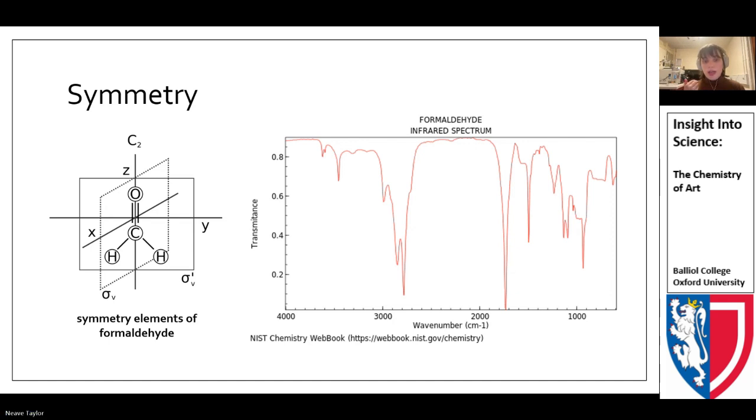So the selection rules, once you learn a bit about them, which if you come and do undergraduate you'll do all the maths for, basically tell us that that will only happen when the molecular symmetry is such that changes in those bond lengths and angles will change the dipole moment of that molecule. On the right-hand side here, these dips are where the infrared radiation is actually able to do that, so modify the dipole moment.